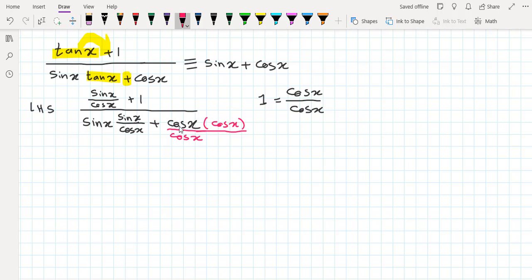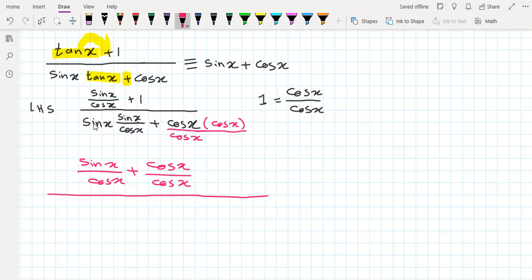Now let's rewrite what we have. Instead of 1, we have cosine over cosine. Sine x over cosine x plus cosine x over cosine x, all over... When we multiply a term by a fraction, we just multiply it with the numerator.